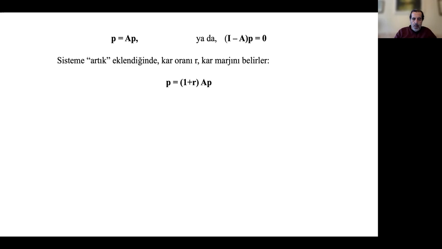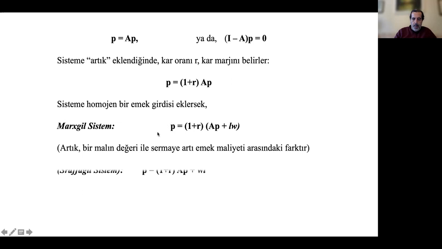Okay, so this is the general form in matrix form, of course. P is equal to 1 plus R, a scalar, times the technology matrix times P, the price vector. There is a slight difference between the Marxian system and the Sraffian system in this regard, but in terms of the solution to the system, there's no difference at all, actually.